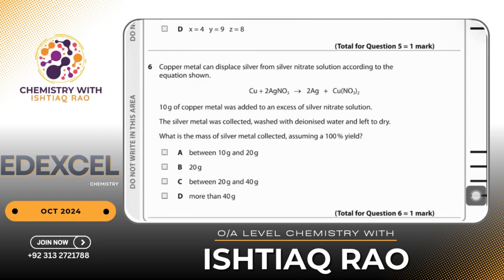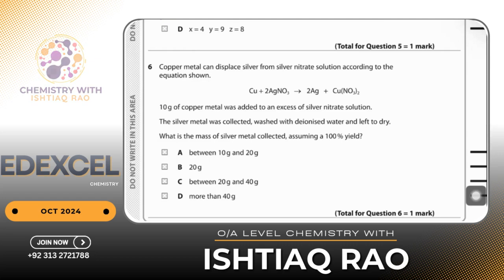What is the mass of silver metal collected, assuming 100% yield? Mass of silver metal they are asking, and they have given you the mass of copper, that is 10 grams.